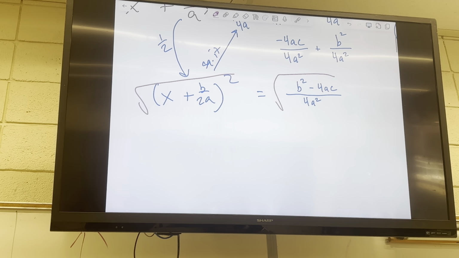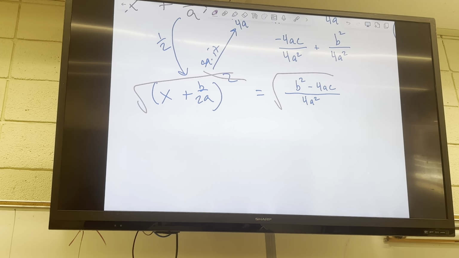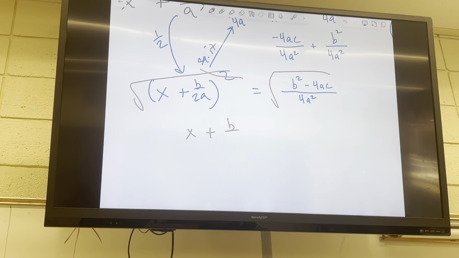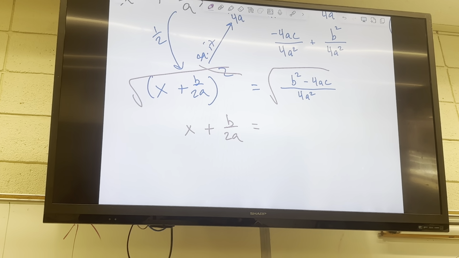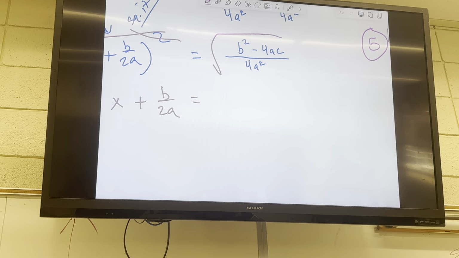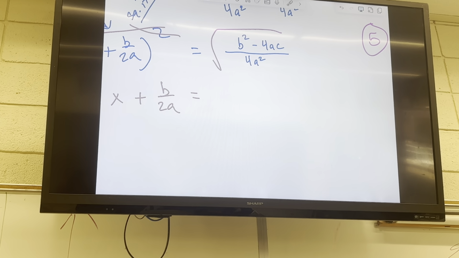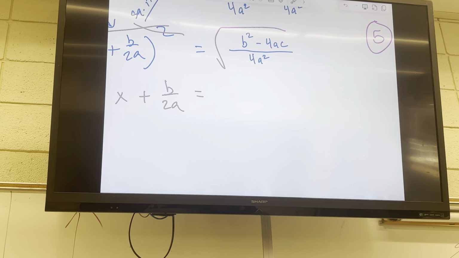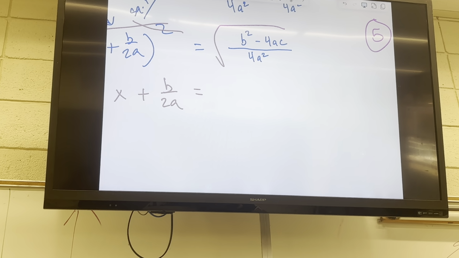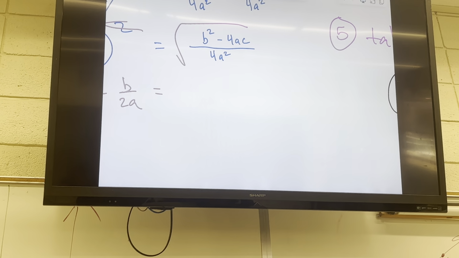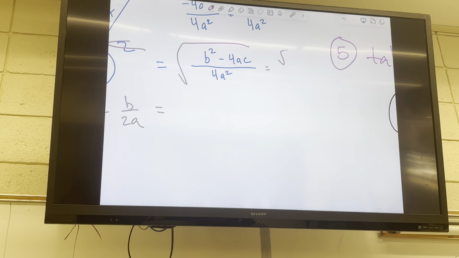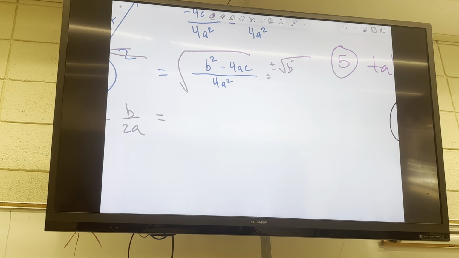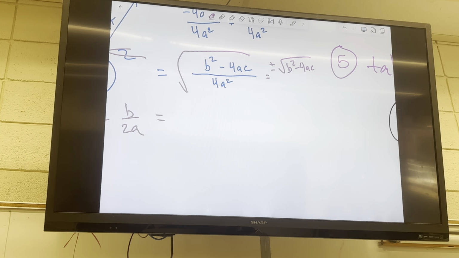On the left, the square and the square root will cancel each other out. So I'm left with x plus b over 2a. And then over here on the right, remember whenever you introduce a square root into an equation, you have to include both the positive and negative roots. So when we split this into numerator and denominator with our radical, we are going to get positive or negative, b squared minus 4ac in the numerator.